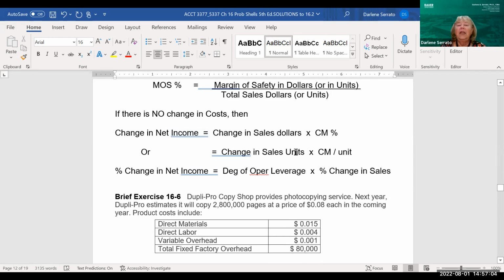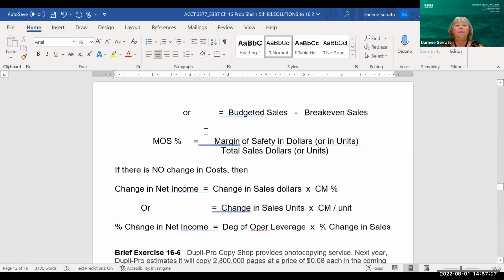Or if they give you the change in sales units, you're going to multiply by contribution margin per unit, or the percent change in net income is equal to the degree of operating leverage times the percent change in sales.